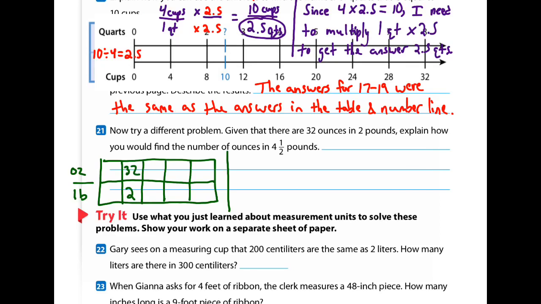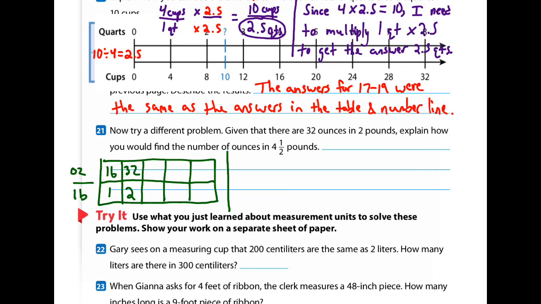Now, I have to figure out the number of ounces in 4.5 pounds. So, first thing I'm going to do is figure out the rate. So notice if I divide both of these by 2, I should get 1 here and 16 here. So the rate is 16 ounces for 1 pound.